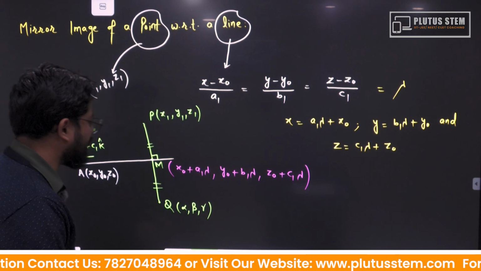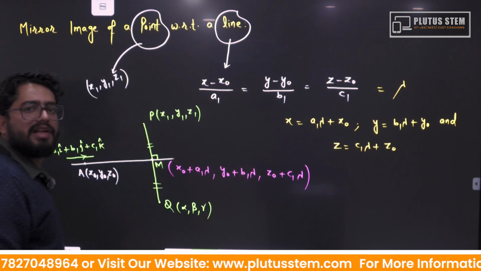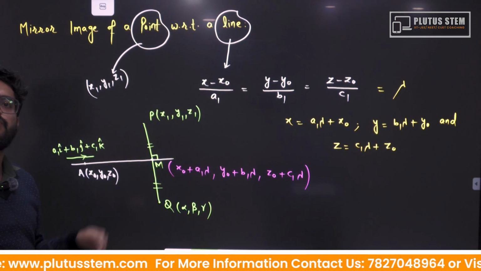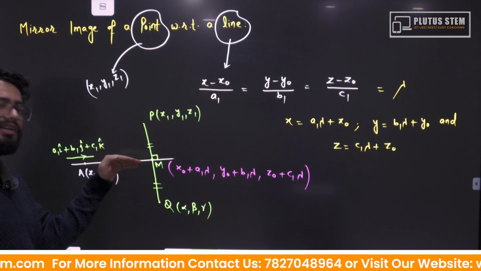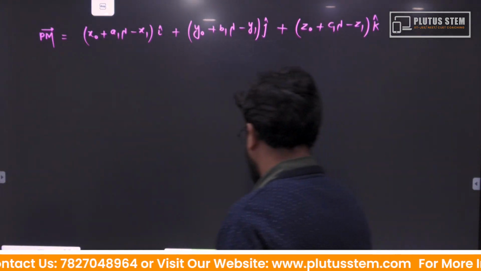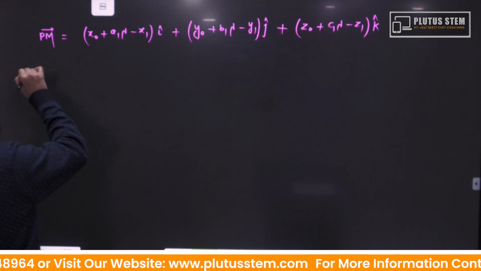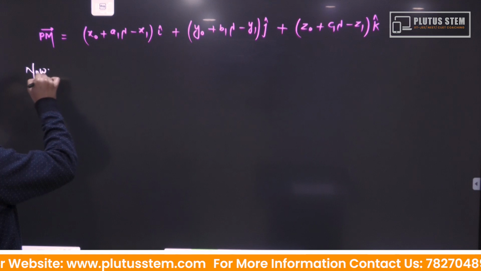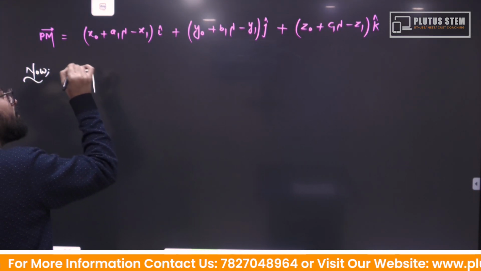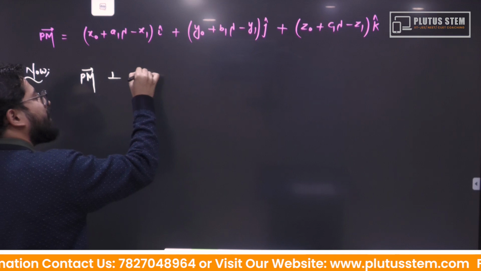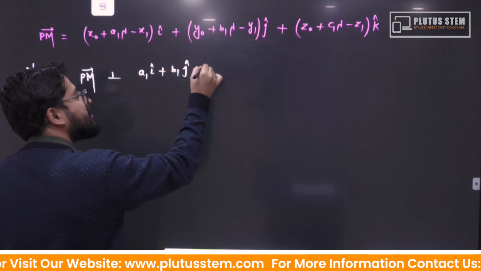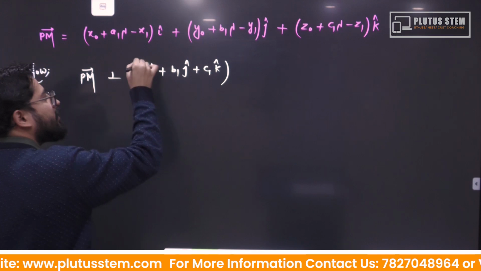We know the PM vector is perpendicular to this line. If the PM vector is perpendicular to this line, it must be perpendicular to the vector which is parallel to the given line, that is a1 i cap plus b1 j cap plus c1 k cap.